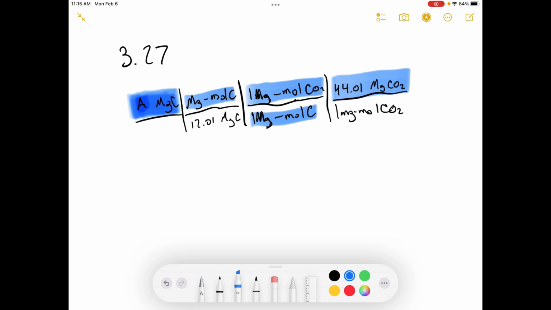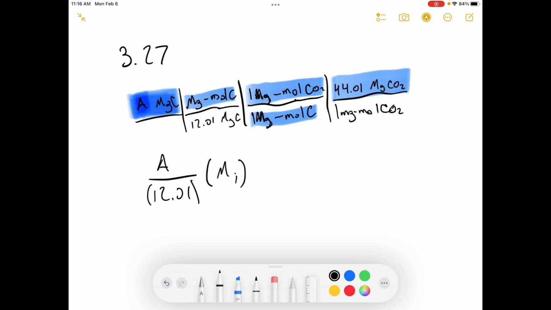So for carbon dioxide, as I've shown here, it's 44.01 megagrams of carbon dioxide per 1 megamole of carbon dioxide. And so we'll just take the species, whatever we're working with, and we'll do this ratio. You start off with A, you divide by the molar mass of carbon, and then you multiply by the molar mass of the species, whatever it is.